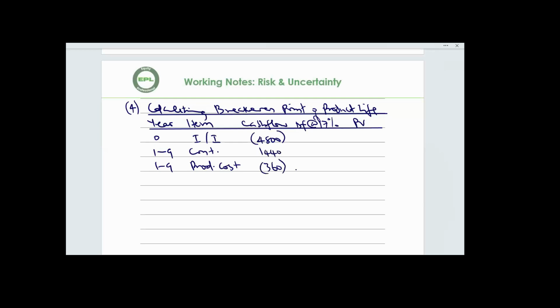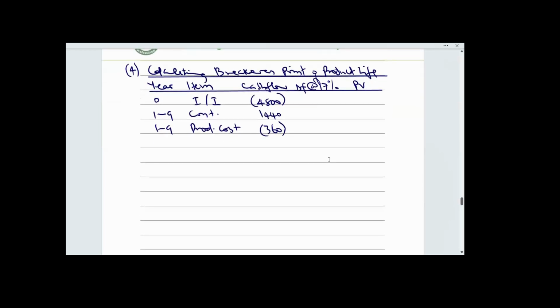Somebody should give me an annuity factor of year 1 to 9 at 17%. 4.451. So multiply.